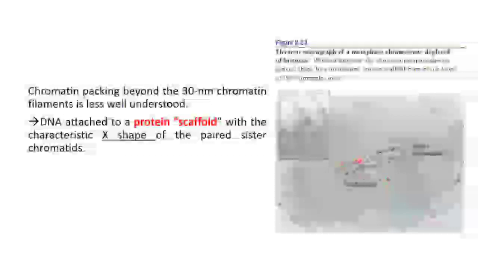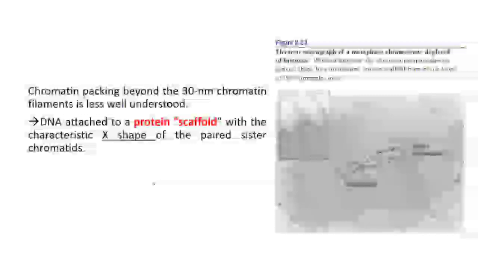What does this protein look like, guys? Doesn't it look like the X-shaped structure of the chromosome, the duplicated chromosome with 2 sister chromatids? So, guys, why do we draw the chromosome like this, X shape? Why do we draw it this way?